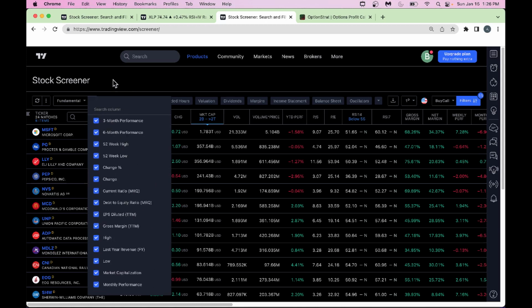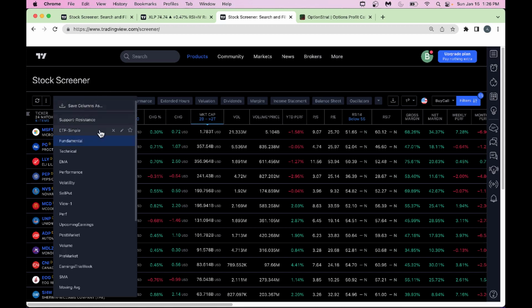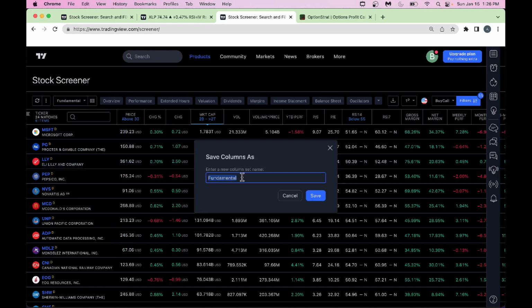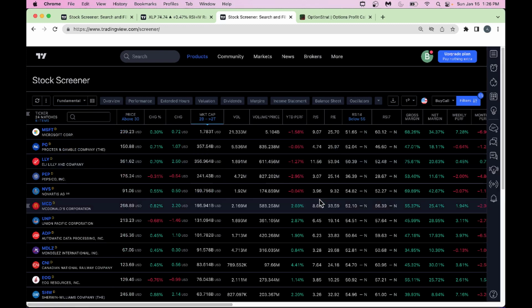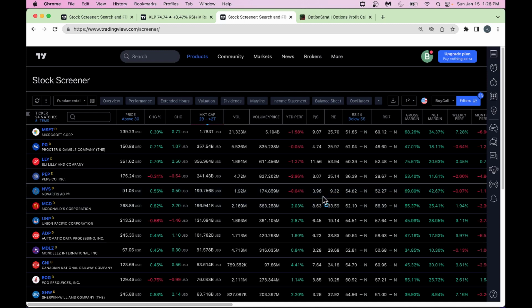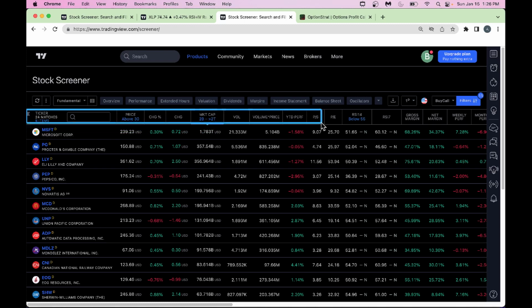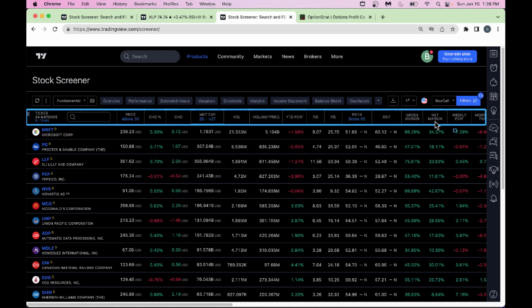And once you're happy, you could just go right here and look, I got a save columns here. Click on the save columns and give a name. I already gave a name here, fundamentals, and save it. The moment you do it, it will basically have those fundamentals layout right here. Look, we got the layout right here. I got stock price, change percentage, market cap, and so on and so forth here.